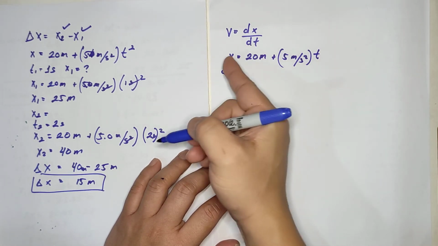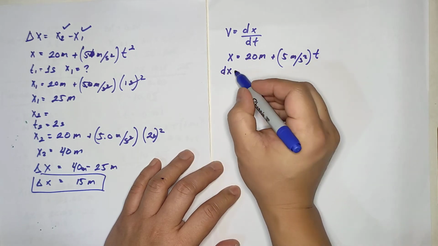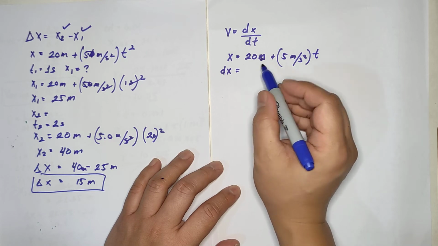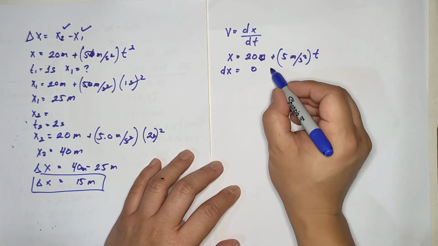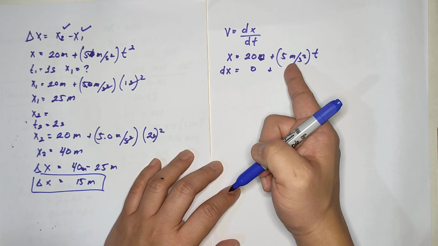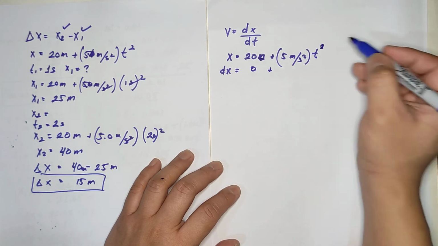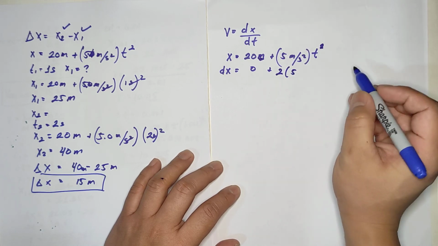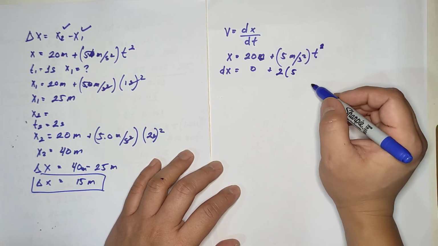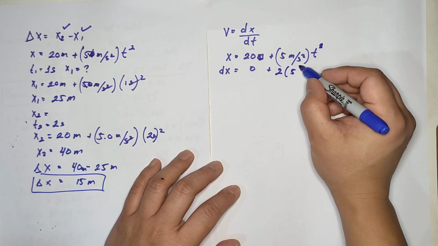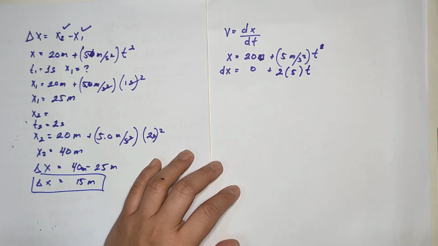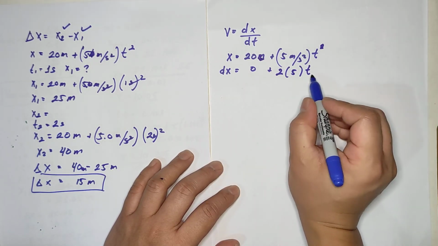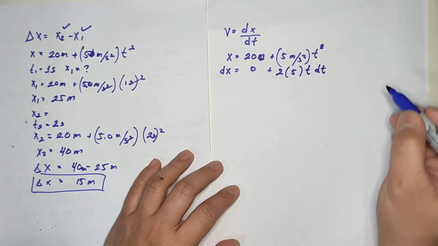If you have the derivative of x, which is dx, the derivative of a constant, this is just a unit, not a variable, is 0. Then the derivative of the other term, you bring down the exponent, that's 2 times 5, times t, then you have dt.